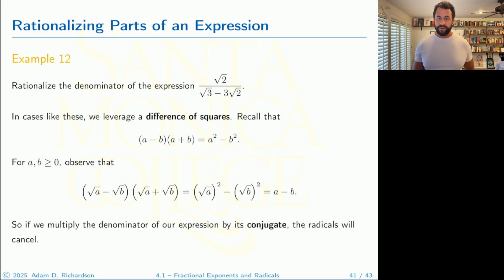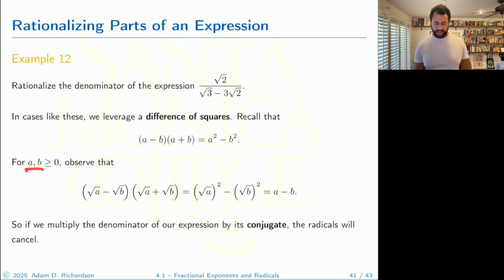So here we go. In cases like these, we're going to leverage a difference of squares. Just a reminder, hopefully you've got this memorized. A difference of squares looks like this: a minus b times a plus b expands to a squared minus b squared. Now, there's a really clever trick that we can use in math. We can pretty much rewrite any difference as a difference of squares as long as those numbers are positive or zero.